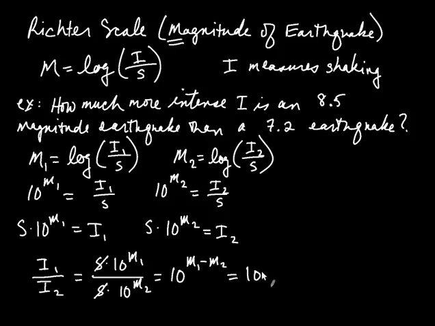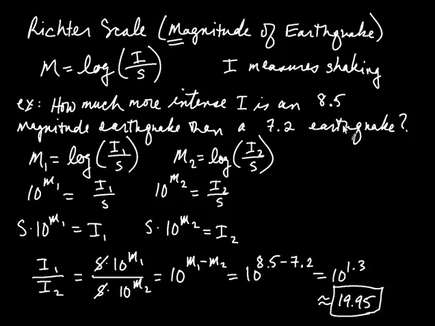So it's 10 to the 8.5 minus 7.2, which is 10 to the 1.3. On our calculator, this is about 19.95. That would be our answer. In other words, an 8.5 earthquake is almost 20 times more intense, 20 times shakier, than a 7.2 earthquake.